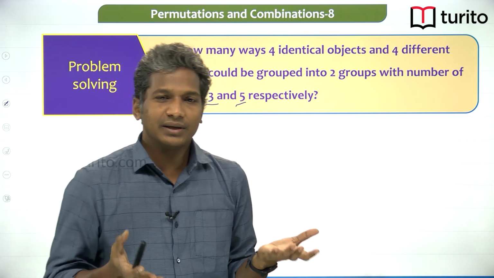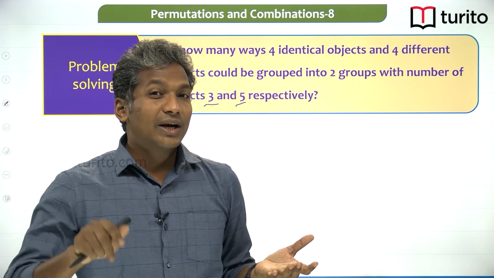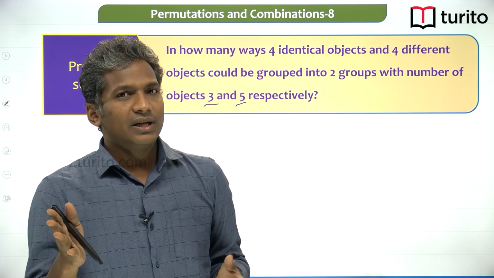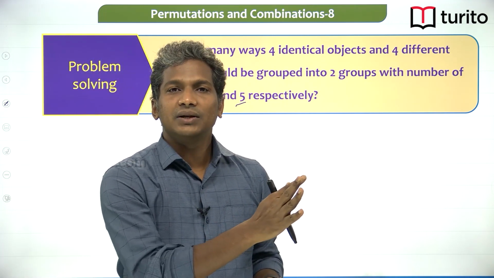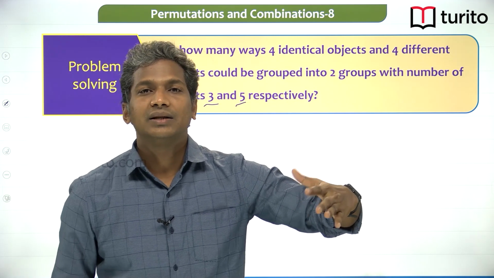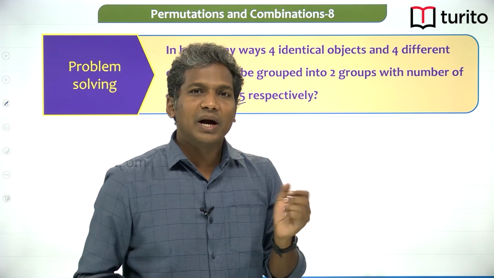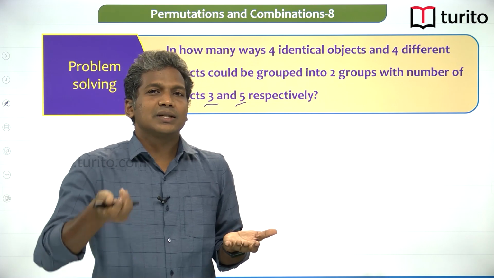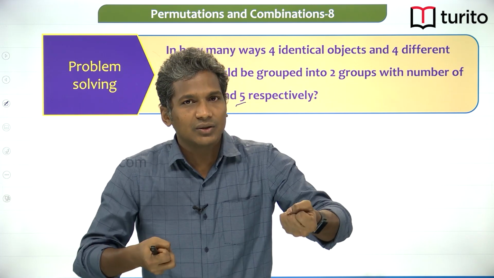Now, remember here, total objects are not exactly different. If they are completely different, we have a formula. If they are completely identical, there is only one way, but it is a mixture. So, there are some different objects, there are some identical objects.